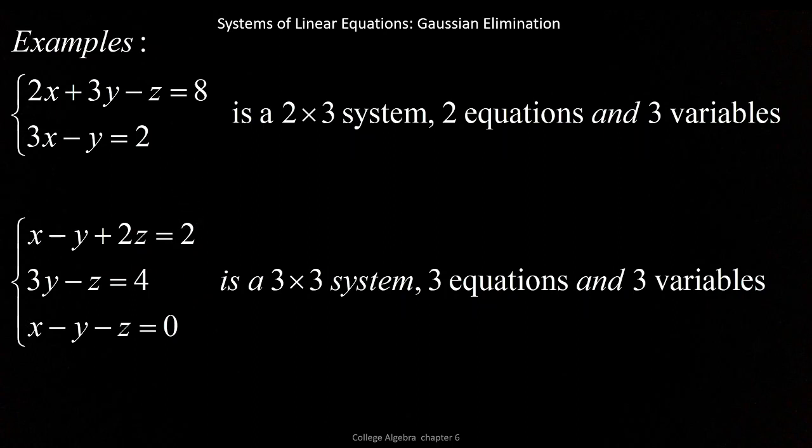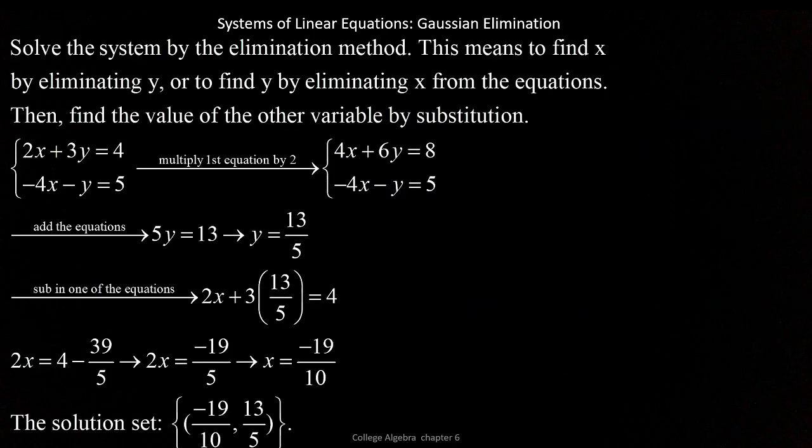Okay, so how do we solve these? Well, the best way to solve this kind of system is by the method of elimination. Elimination method means basically to find x by eliminating y, or to find y by eliminating x.